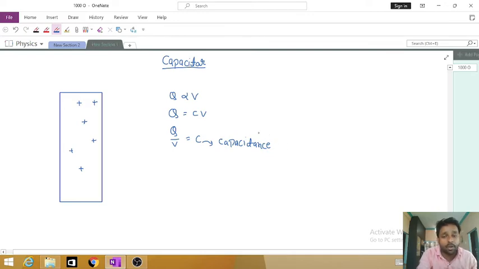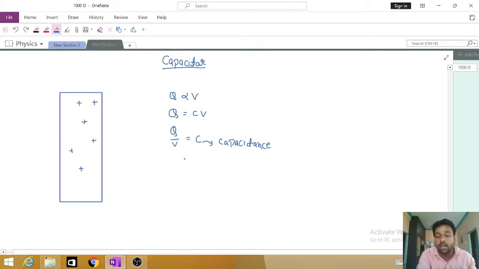If we have to define capacitance, the capacitance of the capacitor is the property which characterizes the ability of the capacitor to store charge or energy. The unit of capacitance is Q upon V. Q is coulomb, V is volt.